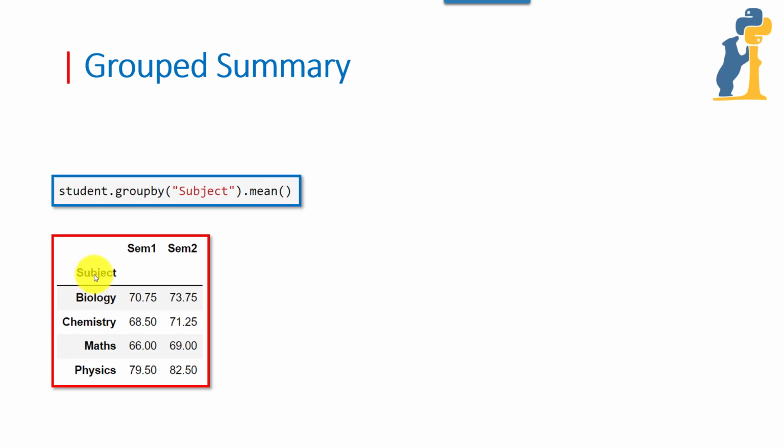You will receive subject as biology, chemistry, math, and physics, and you will receive the average score of semester 1 and semester 2 concerning all the students. Here you will find that the average score for the biology subject in semester 1 for all students is 70.